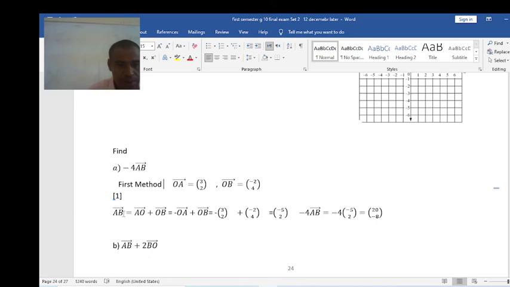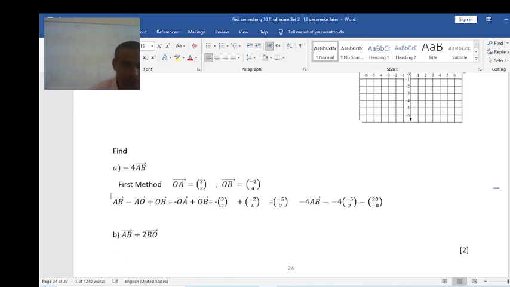Second method. Now I can erase this one because I want space. Now the second method.